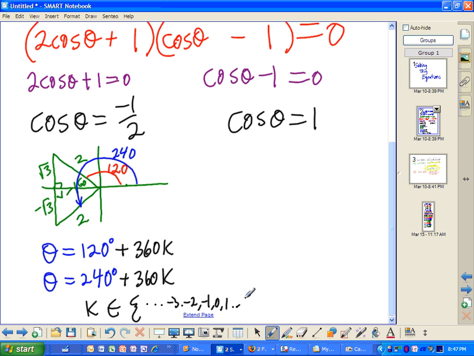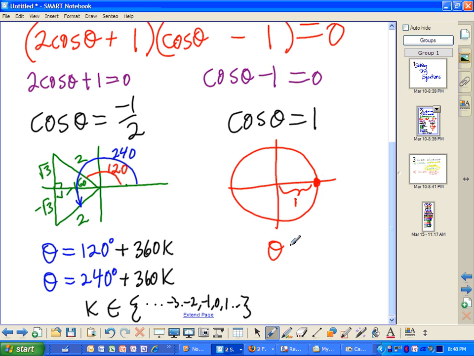All right, let's take a peek at this one. Where is cosine 1? Well, cosine is the x value. Where is the x value 1? Well, it turns out, if we're looking at the unit circle, this is 1 right here, right at the 0 point.